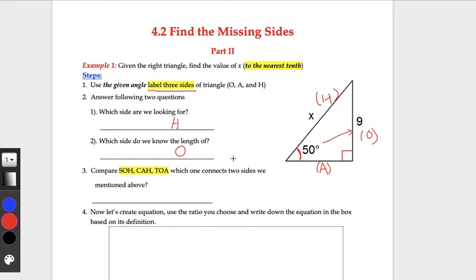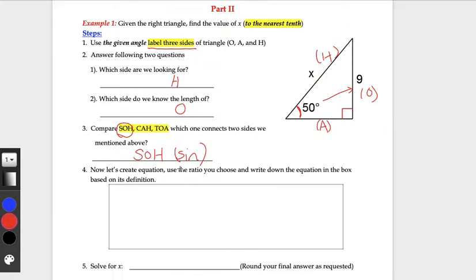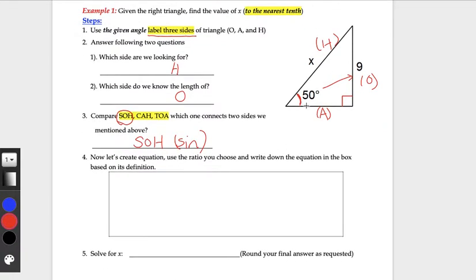So we have O and H, which means only SOH, which is sine, works with the opposite and the hypotenuse. That's why out of the three ratios, only sine is going to work.